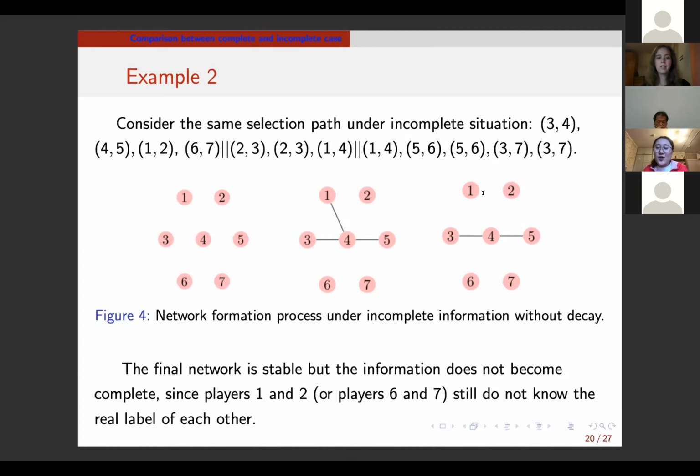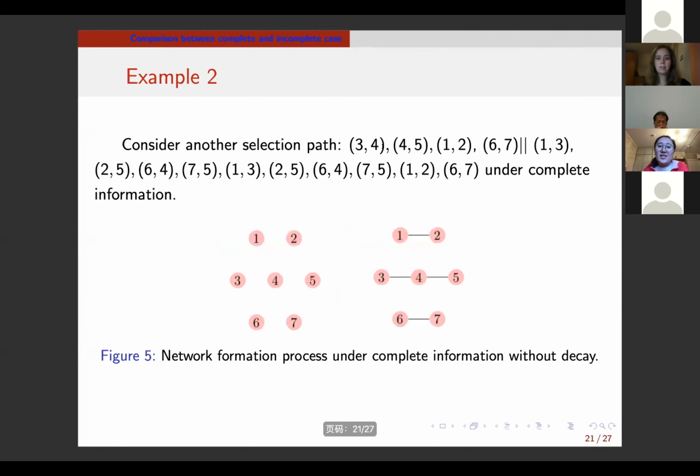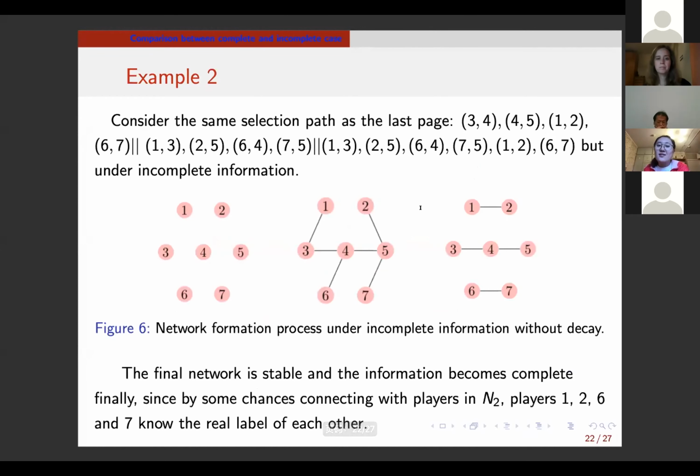So actually, in the real case, player 1 should form a link with player 2, but they don't know each other's group. But the very interesting case is when we consider another selection path here. Under complete information, the same network appears. Under incomplete information, this network is formed.